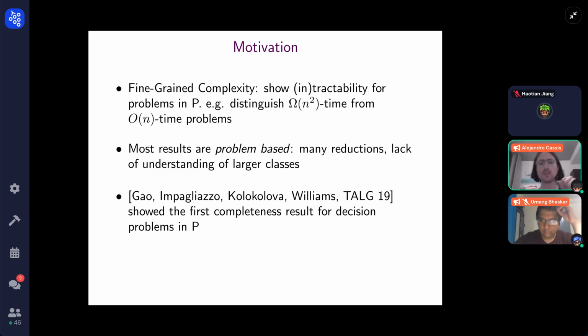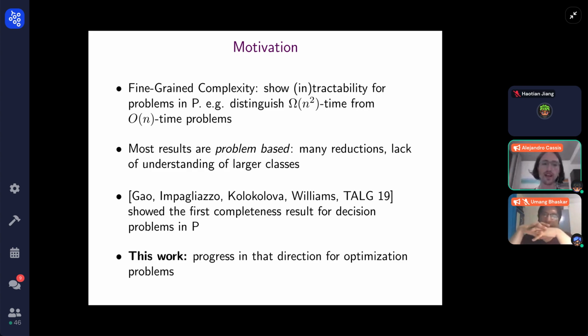The details don't matter too much, but the point is that they identified a core problem, a decision problem in P, which is complete for a larger class of problems, which is exactly making progress in this direction of getting a better understanding of a larger class of problems within P.